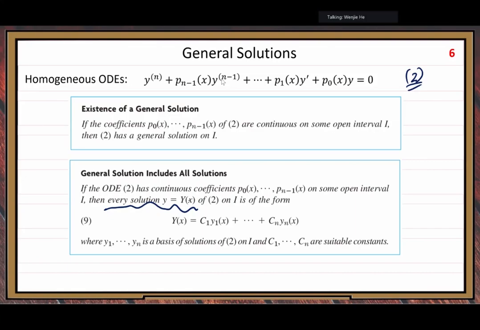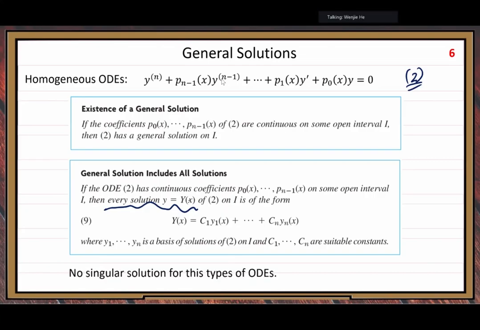Why do I emphasize all covered? Because there is another concept: the singular solution.